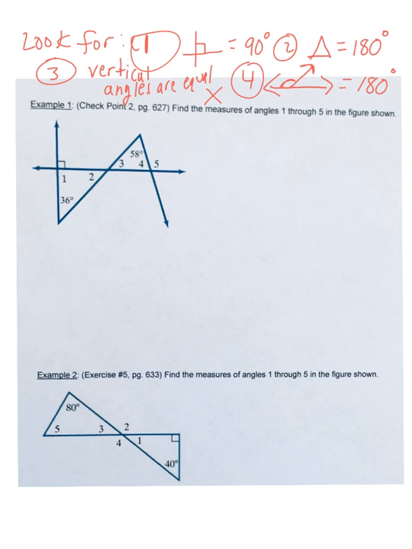Now, I cannot do anything with the triangles until I know 2 out of the 3 angles of the triangle. So, for example, if I look at this triangle here, I don't have enough information yet to figure out any of the angles. I only know 1 of the 3 angles. I know that the top angle is 58 degrees, but I don't know angle 3 or 4 yet.